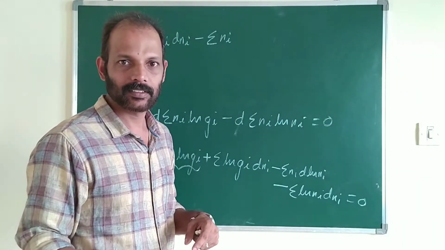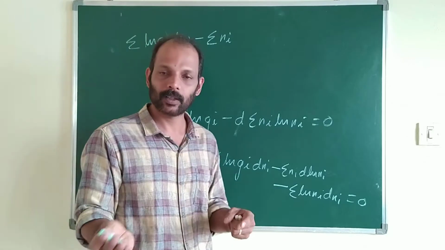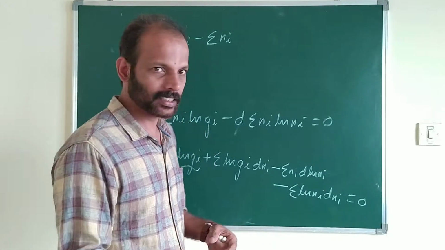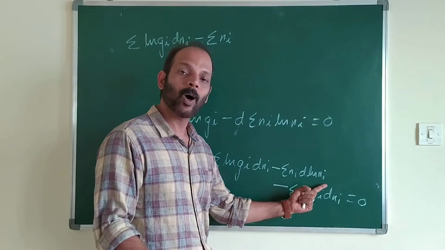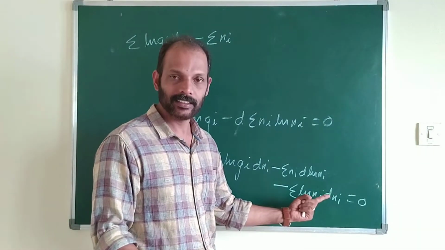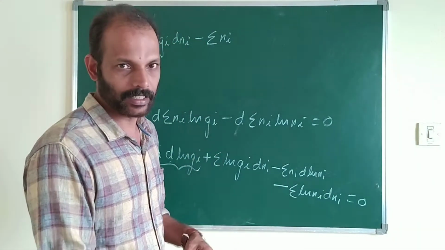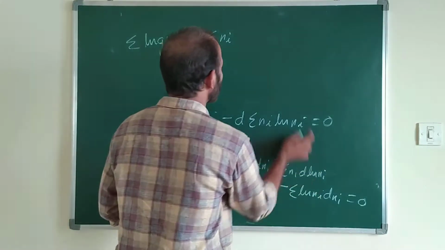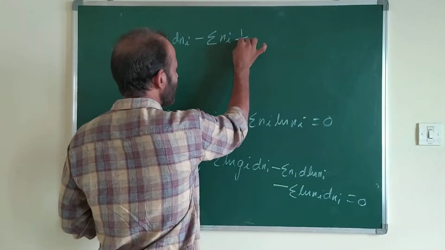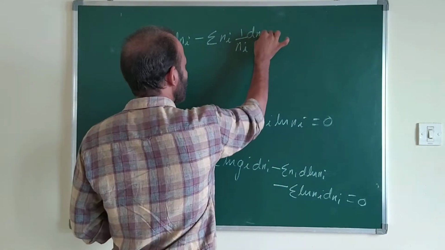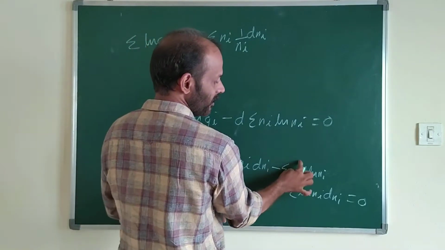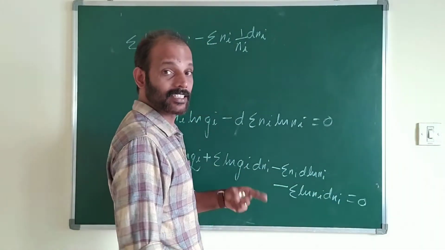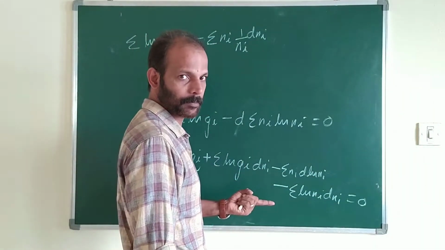We know the differential of log x is 1 by x dx. So the differential of ln ni is 1 by ni dni. So this term can be written as 1 by ni dni, because d ln x is equal to 1 by x dx.